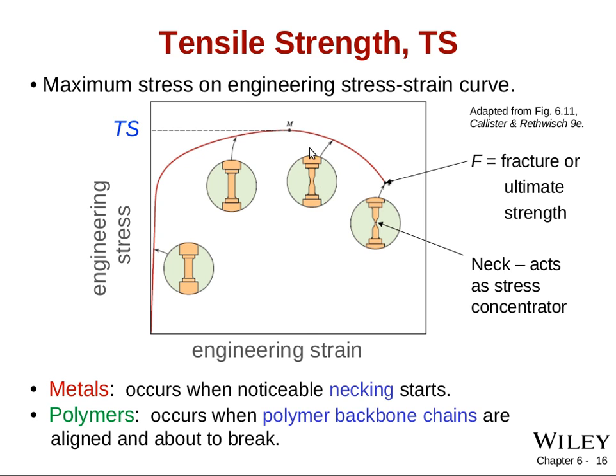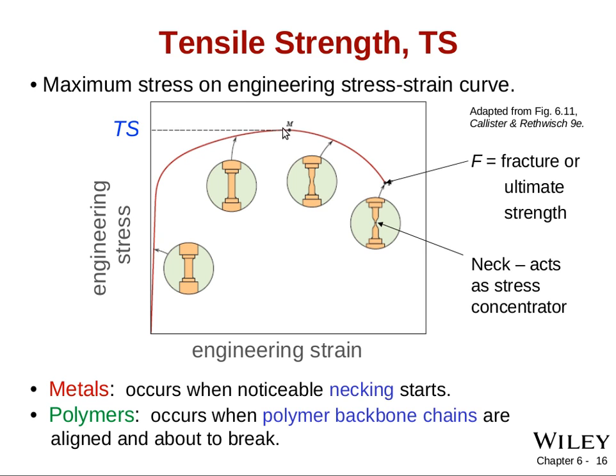So if you get too much plastic deformation, you're going to get a region where the cross-sectional area drastically decreases, and it does it more so than other places. And if you keep pulling on it after that point, that neck is going to get narrower and narrower, and eventually it's going to break.